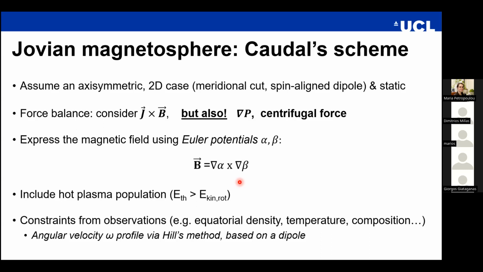Then you also need the angular velocity of the plasma on the equatorial plane. The first approximation in the original work from the 80s was according to Hill's theory. So basically, you calculate the angular velocity as a function of distance, assuming you have a magnetic dipole on the planet. So again, as I said, the theory behind the code is quite old.